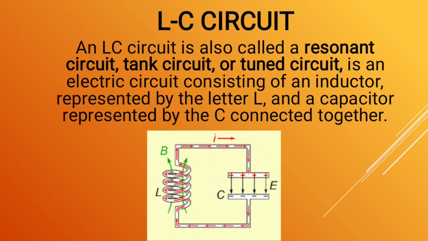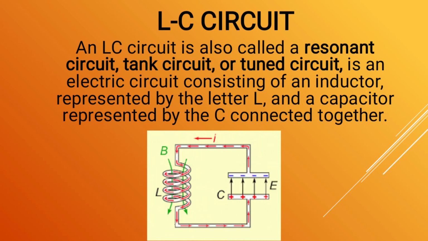An LC circuit is also called a resonant circuit, tank circuit, or tuned circuit. It is an electric circuit consisting of an inductor, represented by the letter L, and a capacitor, represented by the letter C, connected together.